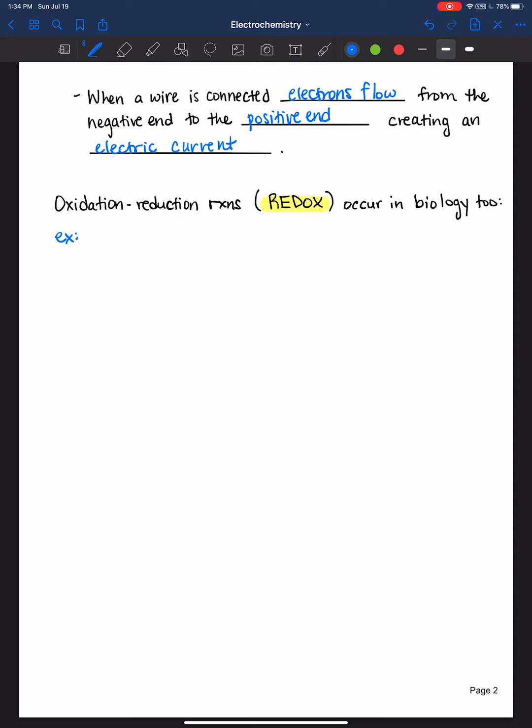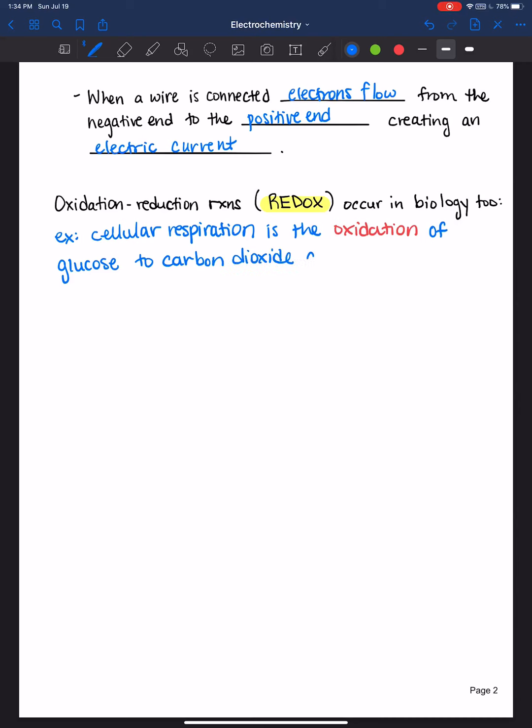So when you study cellular respiration, it is the oxidation of glucose to carbon dioxide and the reduction of oxygen to water to give us energy.